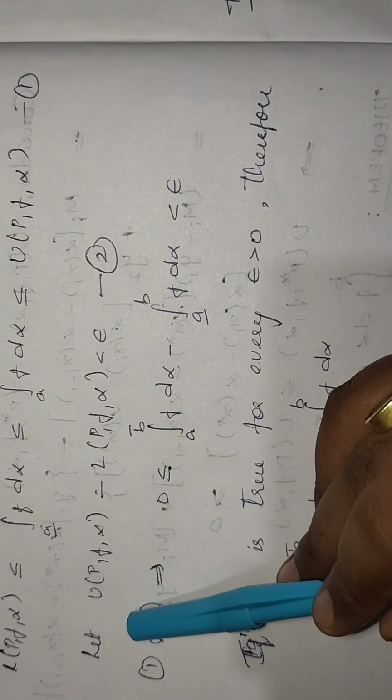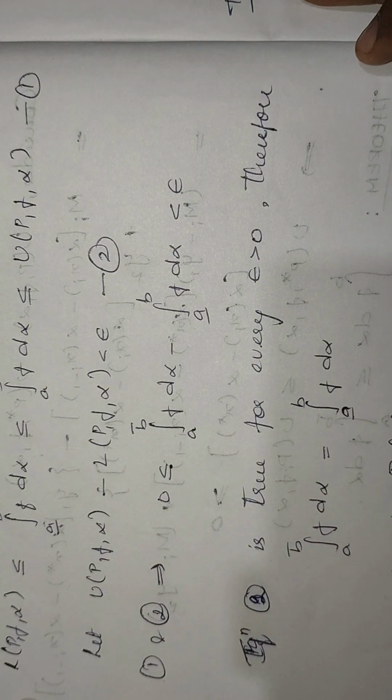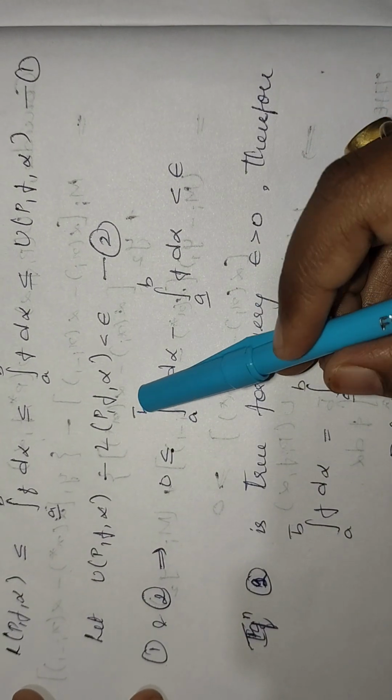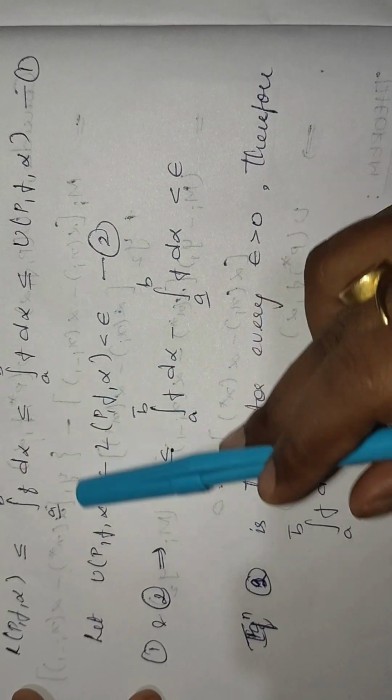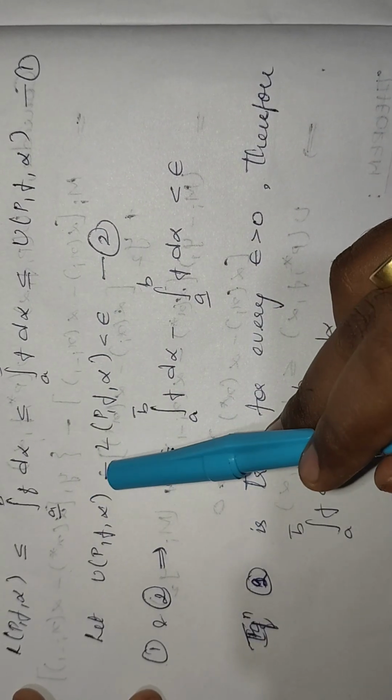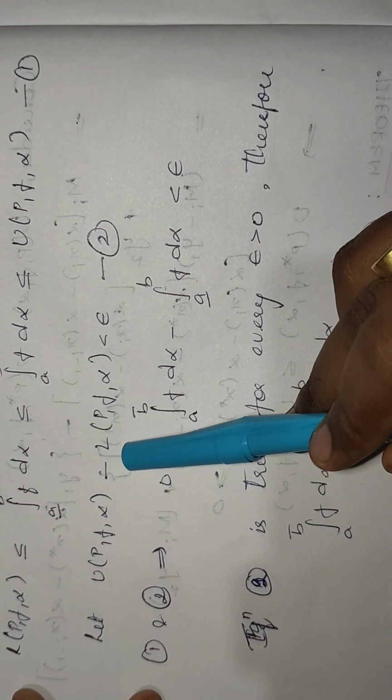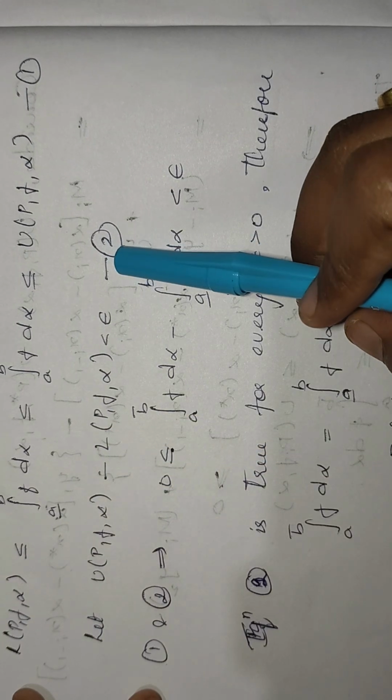So, let U(P, f, alpha) minus L(P, f, alpha) be less than epsilon. So, let's assume this first, and let's prove f belongs to R of alpha, and name this equation 2.